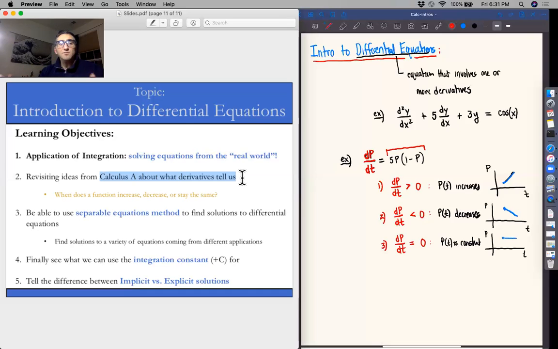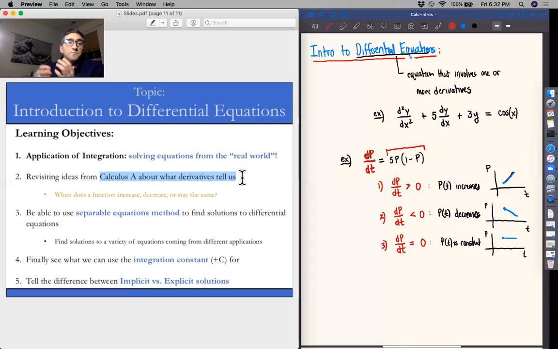When that right-hand side is positive, p increases. When it is negative, p decreases. When it is 0, p remains the same and is constant. Those are some of the ideas we'll start investigating, of how we can think about differential equations very much in a math modeling sense. How can we use these ideas of derivatives to describe things in the real world?